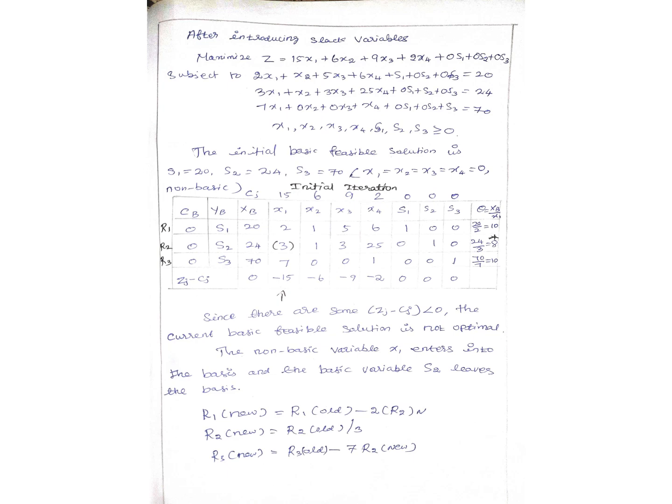Next one: 0 into 1 plus 0 into 0 plus 0 into 0 minus 0. So the answer is 0. Next one: 0 into 0 plus 0 into 1 plus 0 into 0 minus 0, which is equal to 0. Next one: 0 into 0, 0 into 0, 0 into 1 minus 0, which is equal to 0.